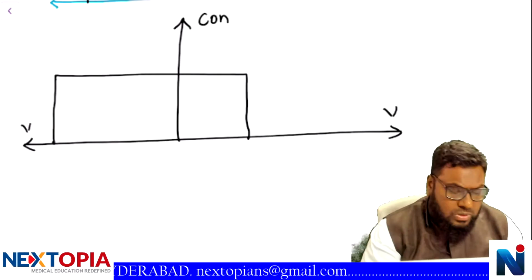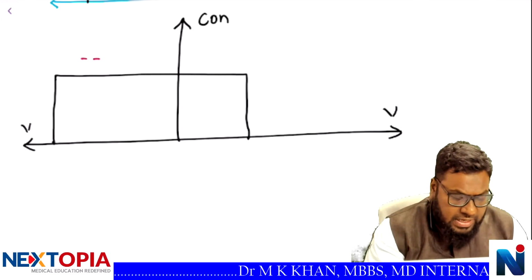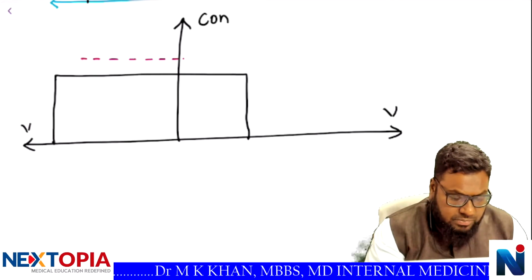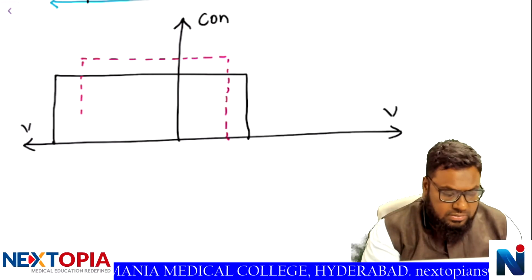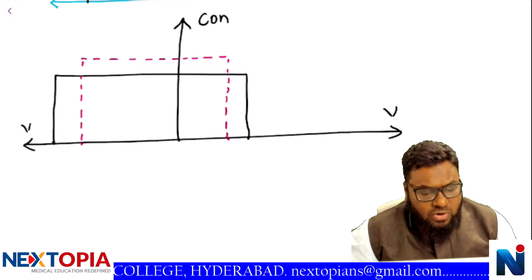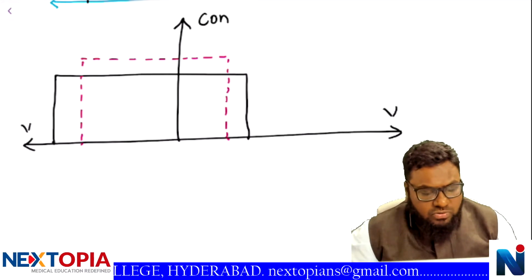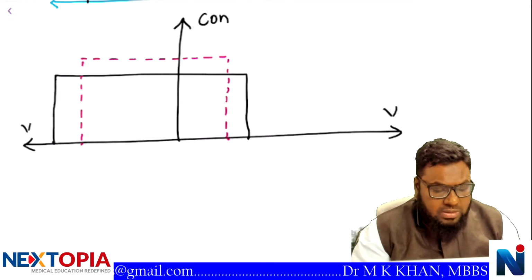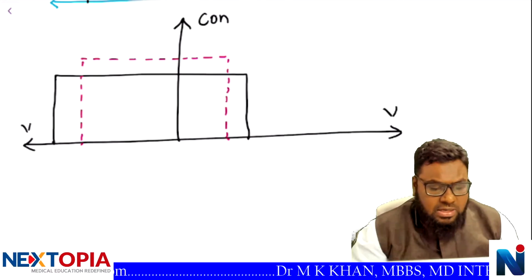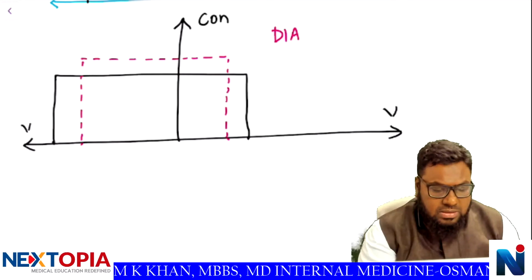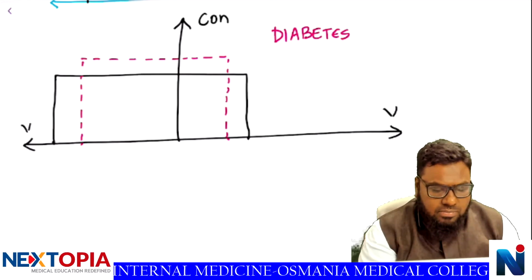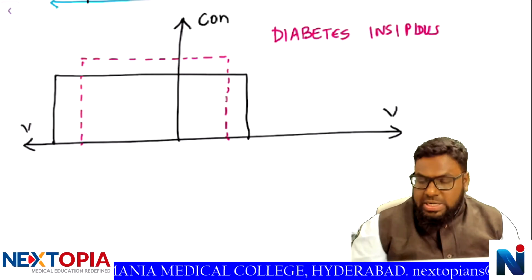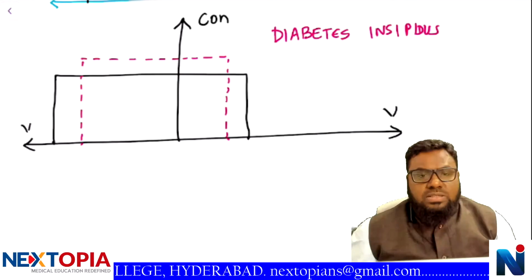I will show you with the help of this diagram. Here the concentration has increased and there is loss of water of both ECF side and ICF side. Because of loss of water on both sides, concentration has increased. This is particularly seen in diabetes insipidus.